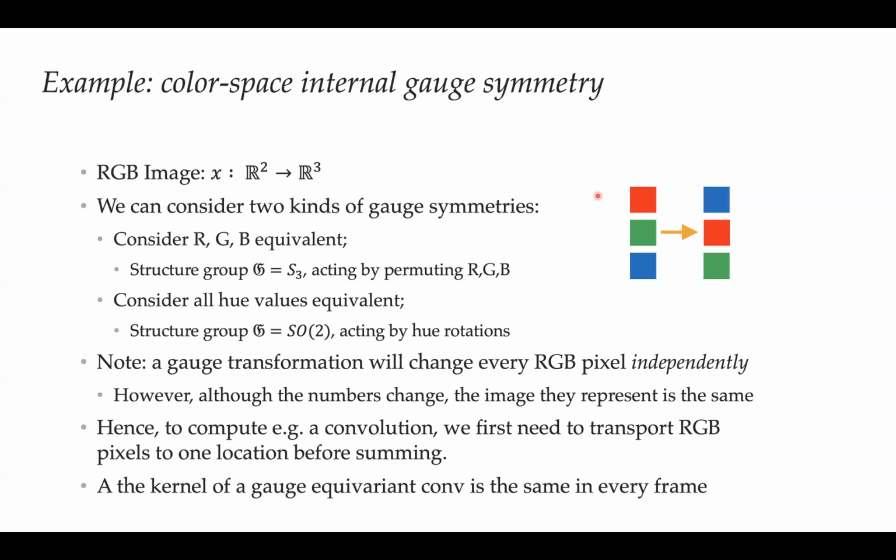And it could do something like what's shown here on the right. We have our RGB values for a single pixel, and we can permute them in some arbitrary way. We can also consider all hue values equivalent, so we would choose structure group SO2, which would rotate through the different colors of the rainbow, essentially.